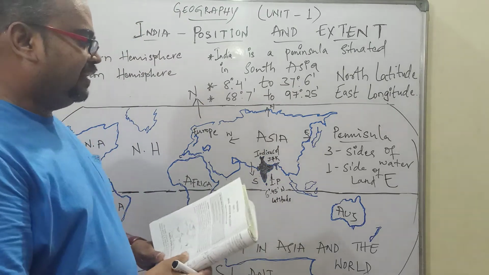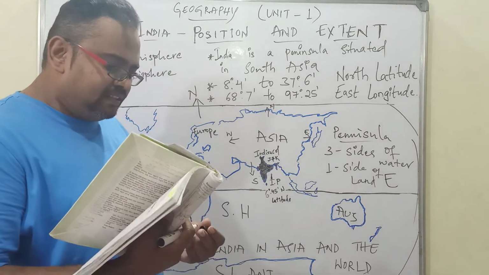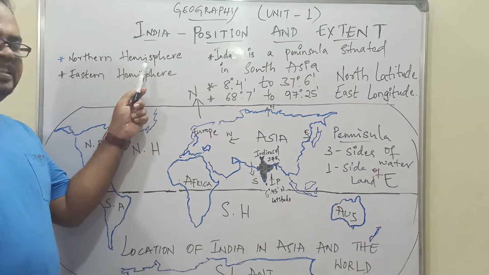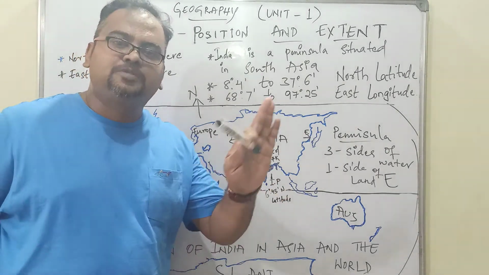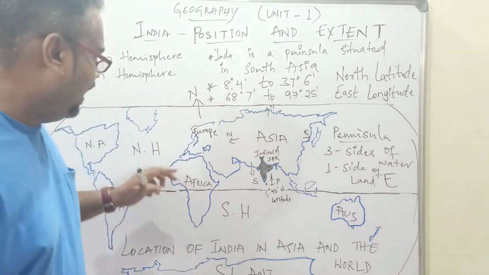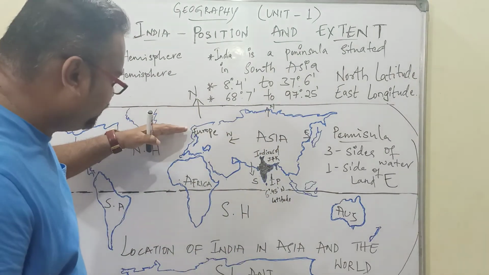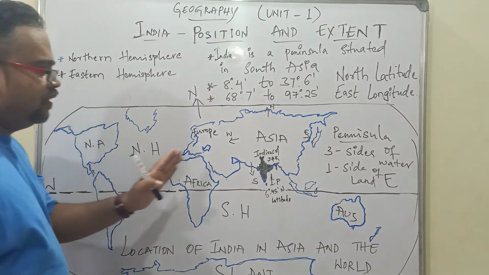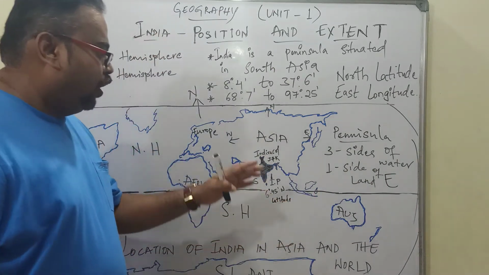In this lesson, a very important thing you need to understand today is the hemisphere. A hemisphere is the space occupied in the globe, and you have the northern, southern, western and eastern hemispheres.